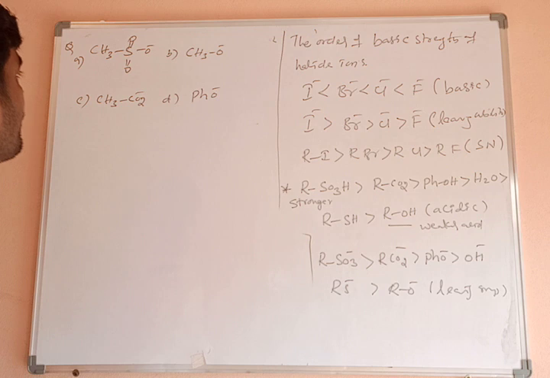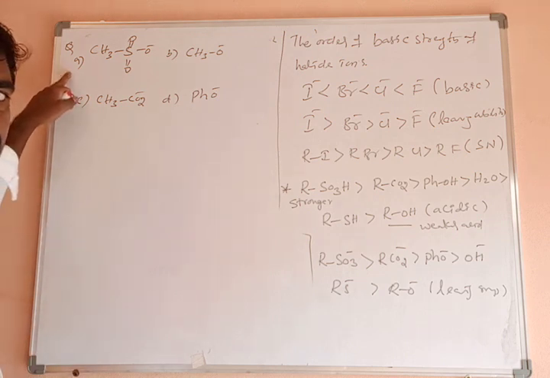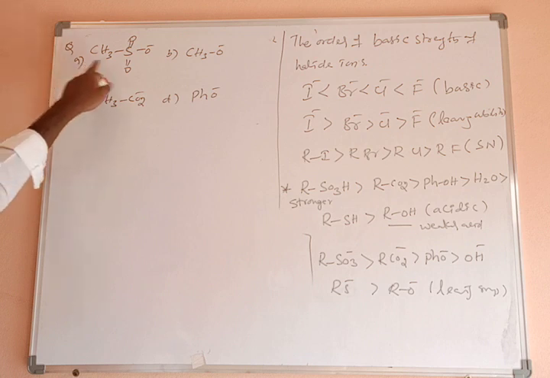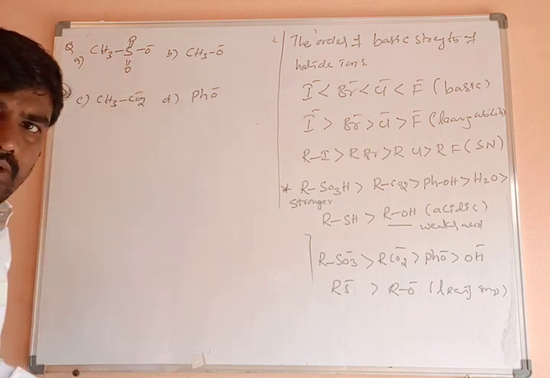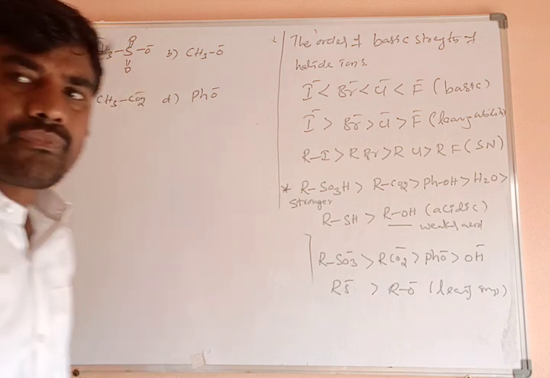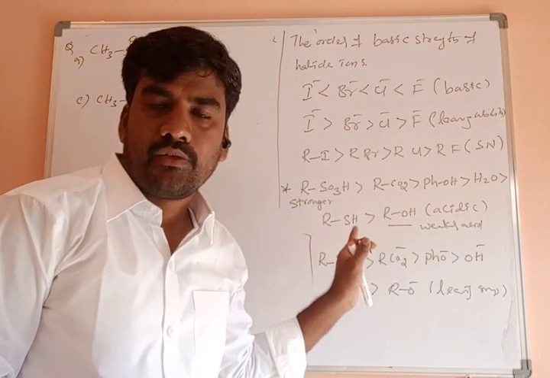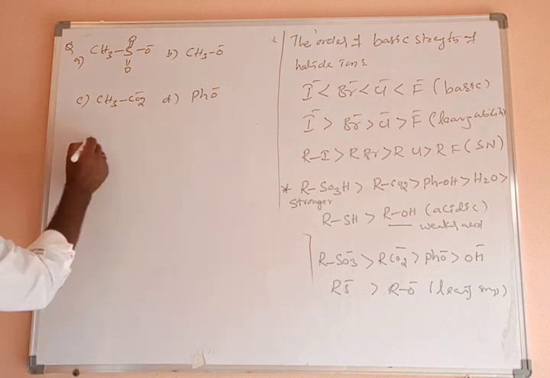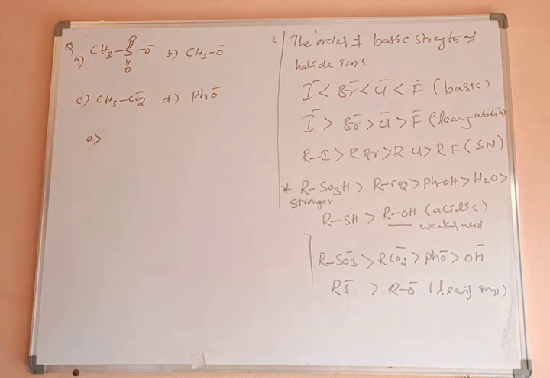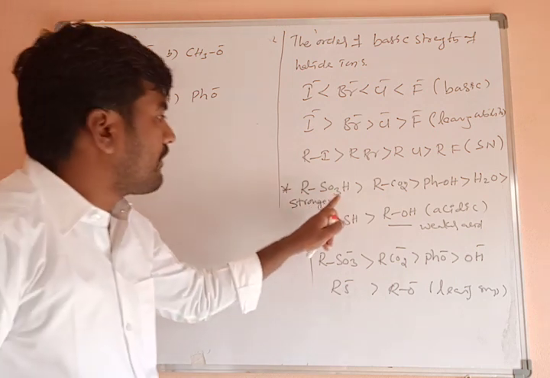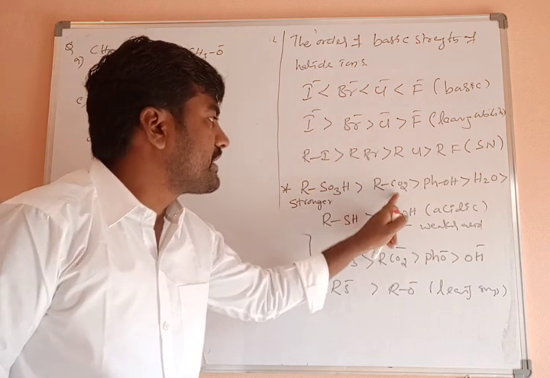Okay, compare the given anions. First one, A. What is A? Sulfonate anion. There is no doubt about it. It is a good leaving group because it is generated from a stronger acid. So first I am writing A is greater than. Next, after sulfonic acid, carboxylic acid is there.